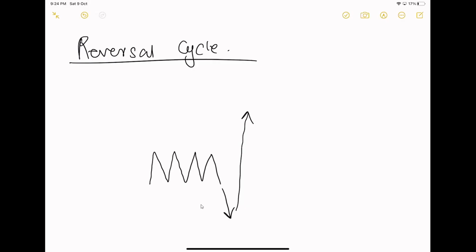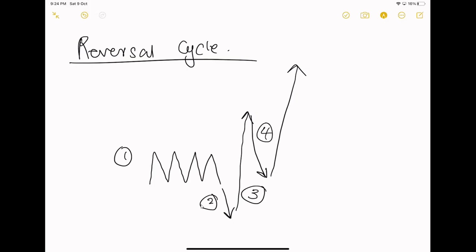Now consolidation, expansion, boom, up it goes. And then you have retracement into a reversal. So here's your 1, 2, 3, 4, and then 5. So what's number 1?